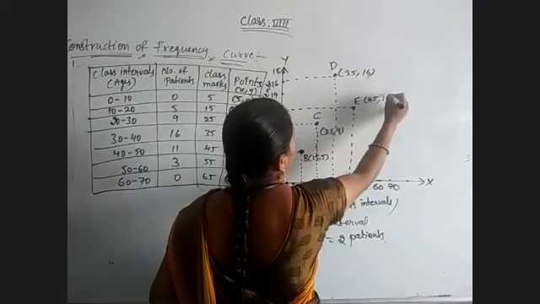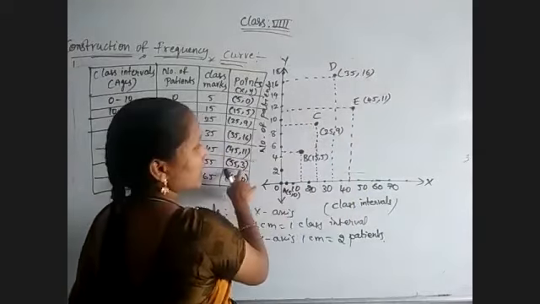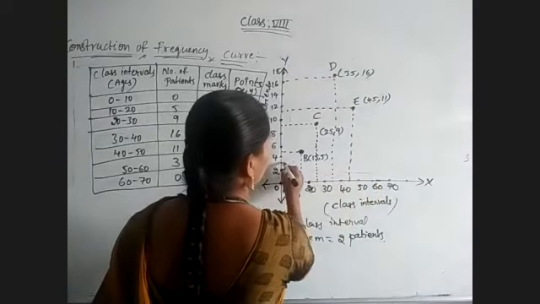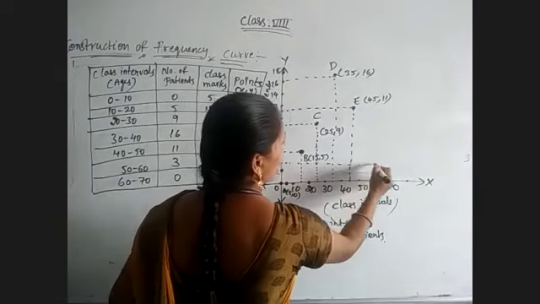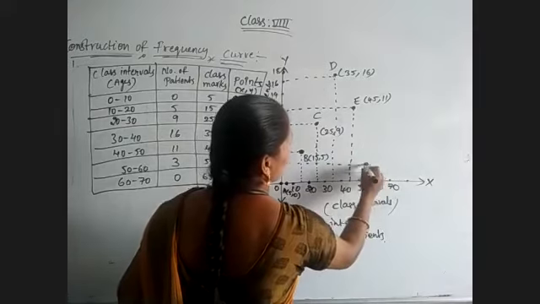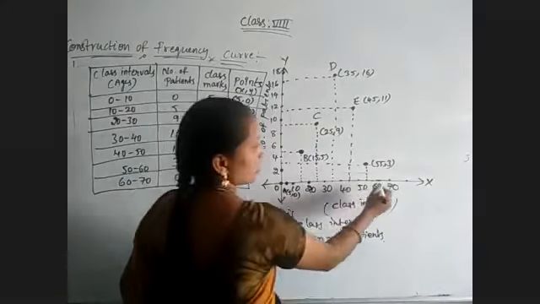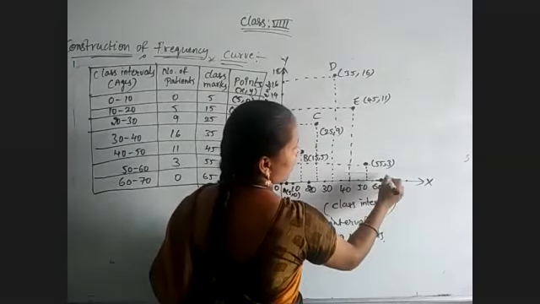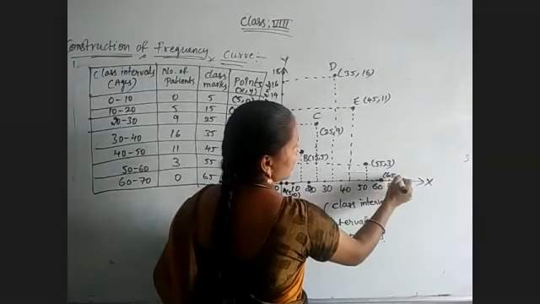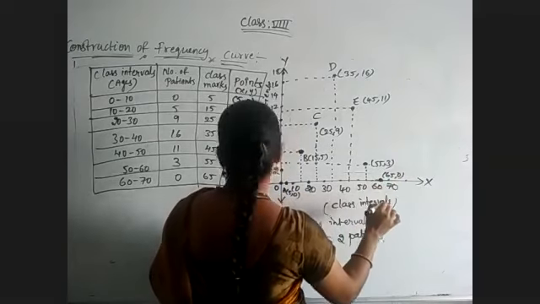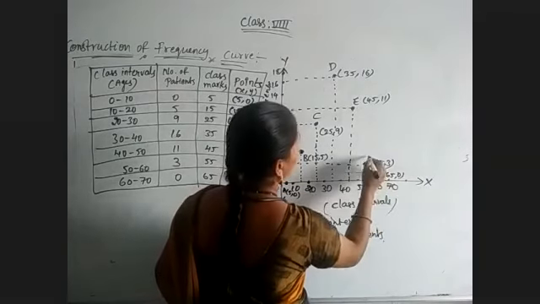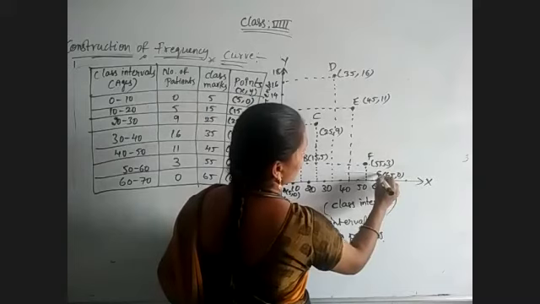Next 55 comma 3, 3 is here. Next is 65 comma 0. The y coordinate is 0, so this point is on the x-axis only. Let these be points E, F and G.